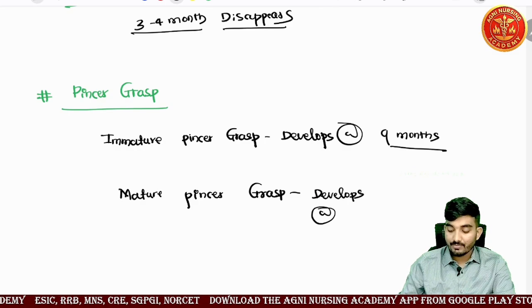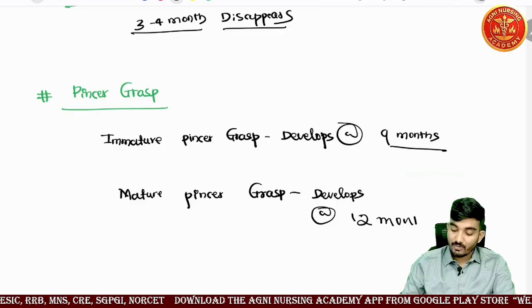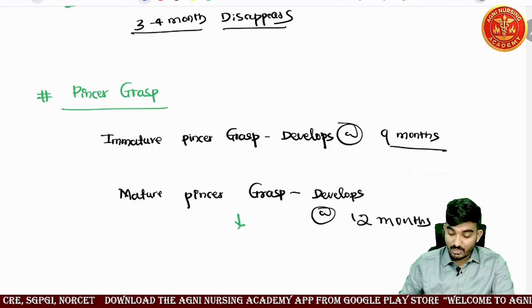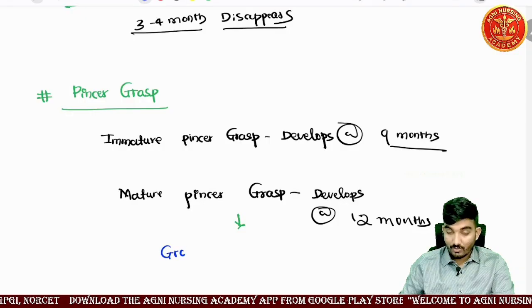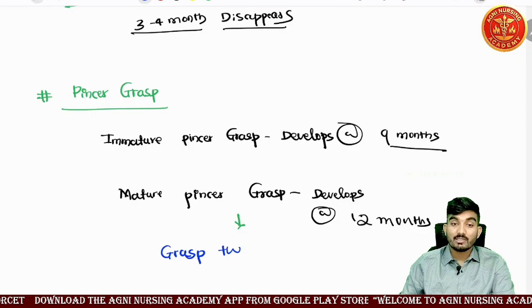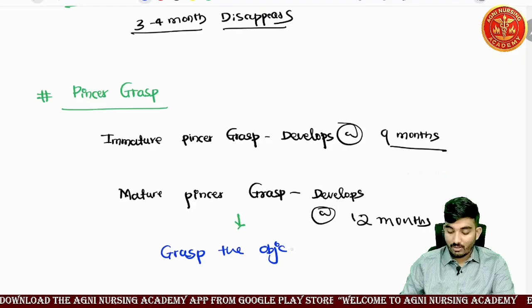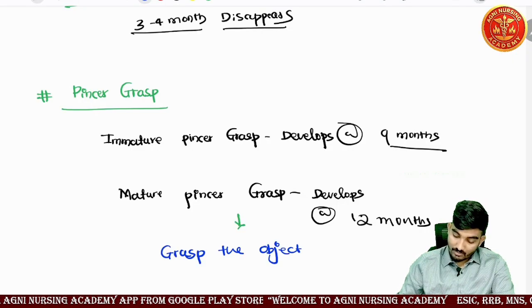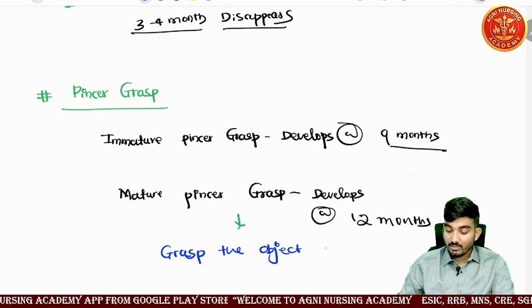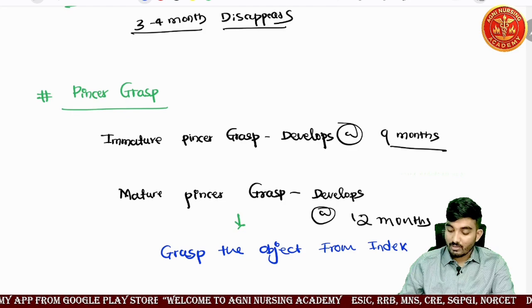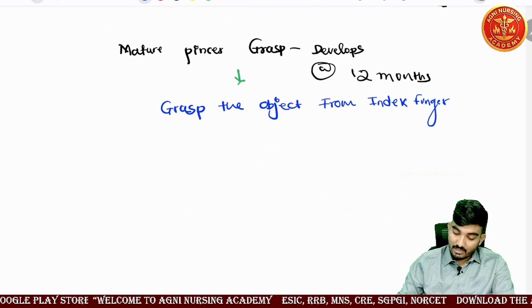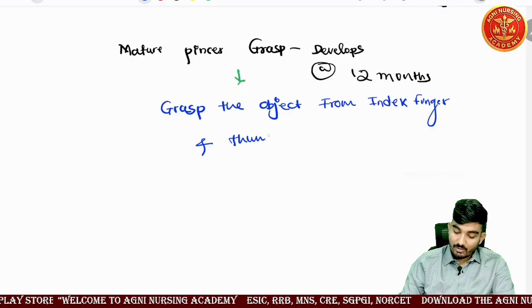It means the child will grasp the object with the index finger and the thumb.